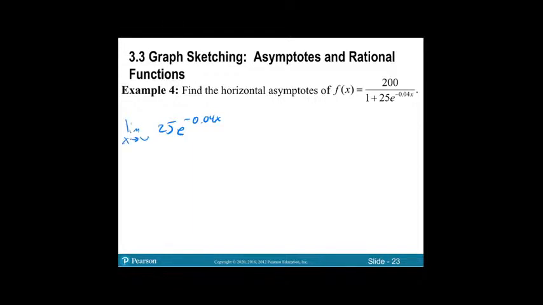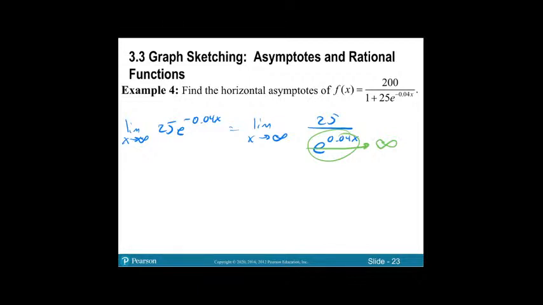This is going to be the same as the limit as x goes to infinity of 25 over e to the 0.04x, because you have the negative exponent. As x goes off to infinity, this denominator goes off to infinity. So some number over infinity.